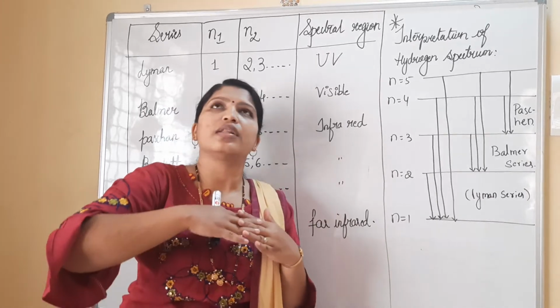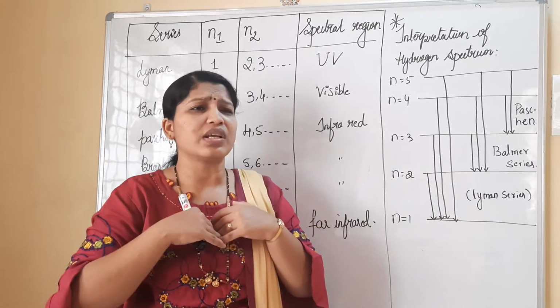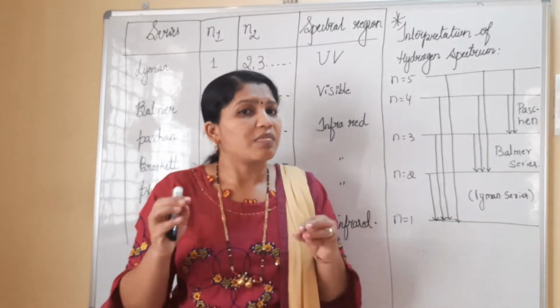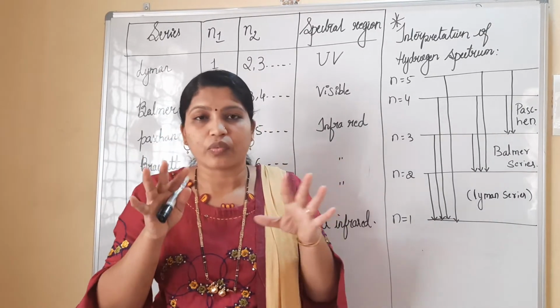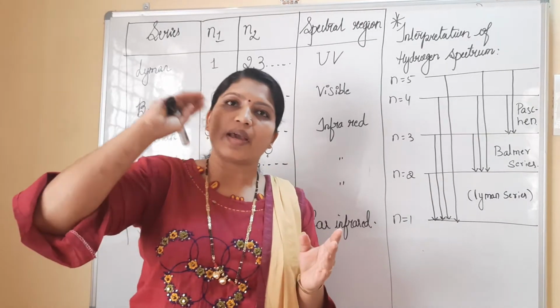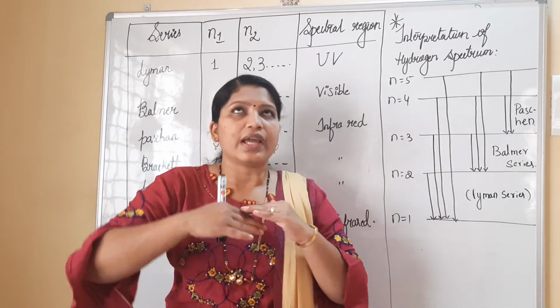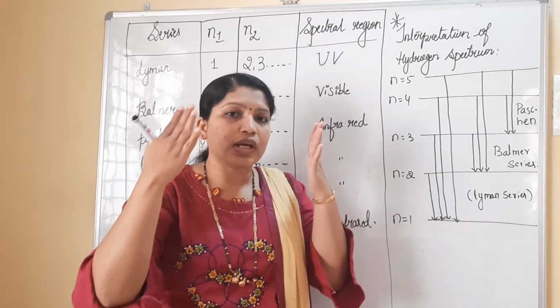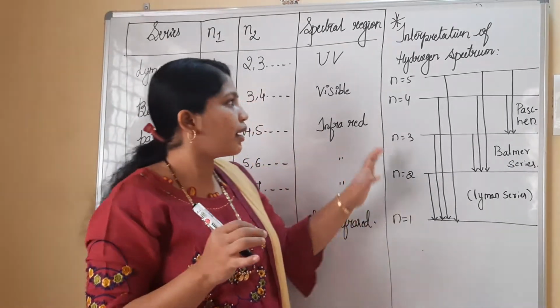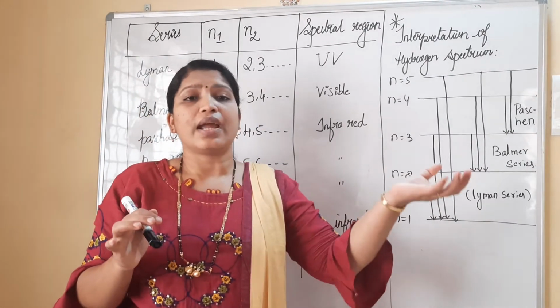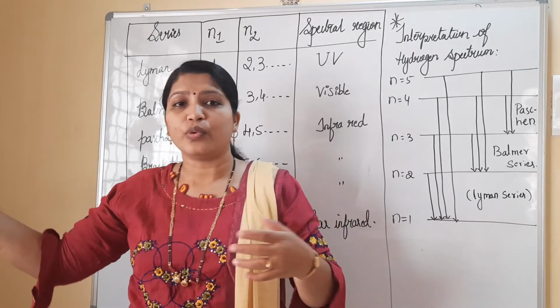That means whenever there are numerous energy levels present, we can consider them as infinity. Do remember what I am telling here. So we will be having an infinite number of orbits, and the electron may jump to any of them: n5, n6, n7, n8, n9, and so on up to infinity.